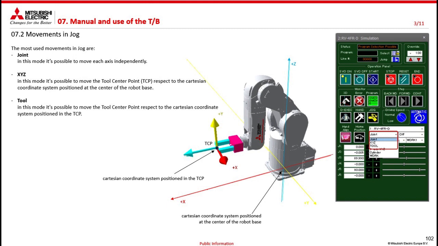In this image, you see the Cartesian triad positioned inside the base of the robot, which is in line with the rotation point of axis one, and this is the triad that we will take as a reference in the Cartesian mode. And here you see another triad, which is the one used for tool movement.